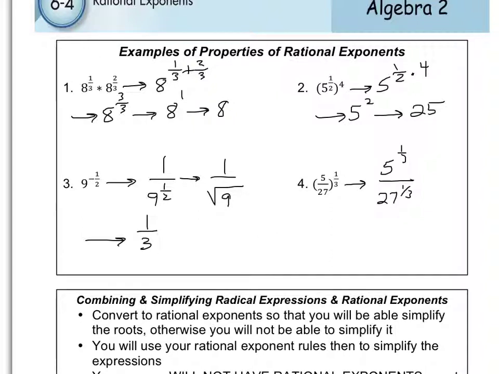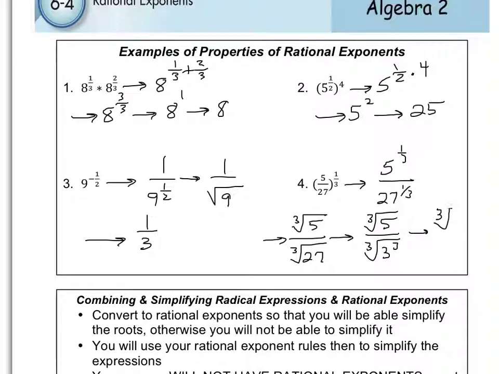So this is really the 3rd root of 5 divided by the 3rd root of 27. 5 will not break down in that root. 27 is 3 cubed, which you'll notice the cubes on the bottom and the cube root are going to cancel out. So my final answer is the 3rd root of 5 divided by 3.